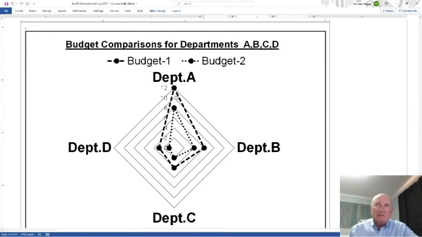The budget has decreased, but here's how they've decreased from budget 1 to budget 2. And some people like radar charts, and sometimes they're easy. Well, radar charts are valuable where you have 5, 6, 7, 8, 10, 12 different variables you're looking at. And so you look at a variable, and then it changes, it changes, it changes. Well, you can see right here, the relative changes, A still has the greatest dollar value of the budget.